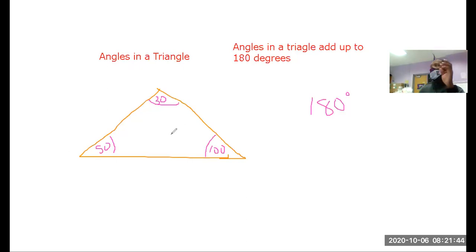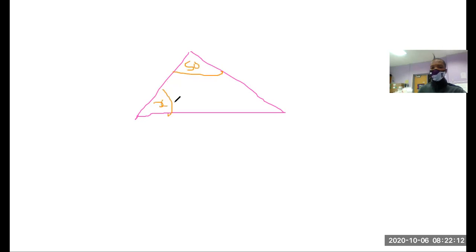All right, so angles within a triangle equal 180 degrees. Let's do another. So what if I say this is my triangle, and this angle right here is 50, and then I say this is x, and this is x.